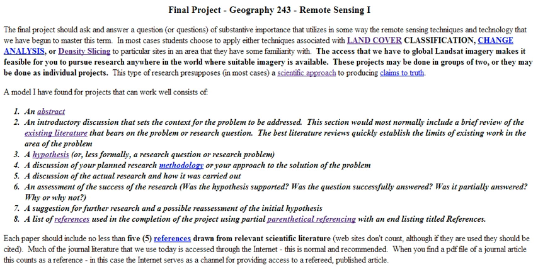I've suggested a model for doing a science paper. Not every paper has to or will include all of these sections, but your paper needs to be well organized, and this is a model that I've found works fairly well, so that each of these could potentially be a section in your paper.